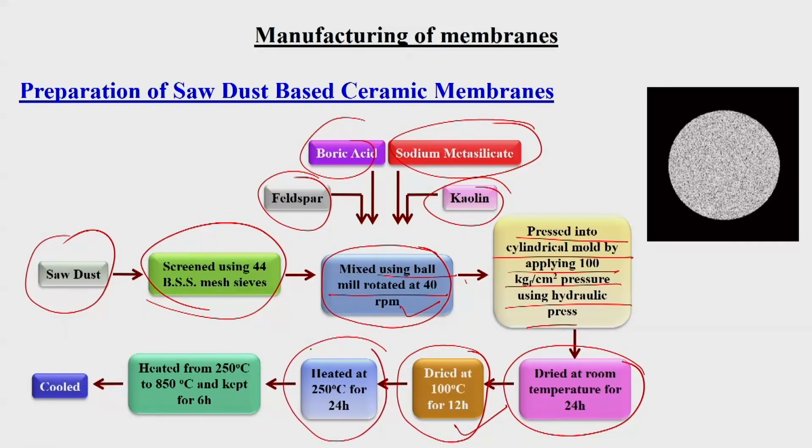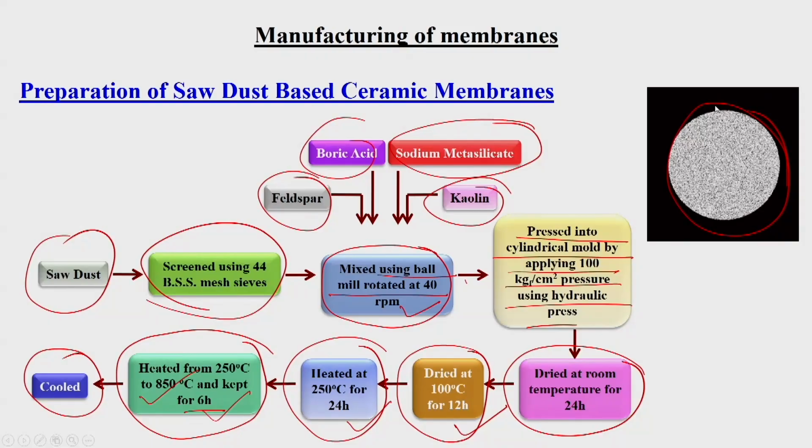Then it is heated at 250 degrees Celsius for 24 hours, and then heated from 250 to 850 degrees Celsius with a particular heating rate, and kept there for 5 to 6 hours. Then it is cooled, and the final membrane is formed in a dish shape like this.